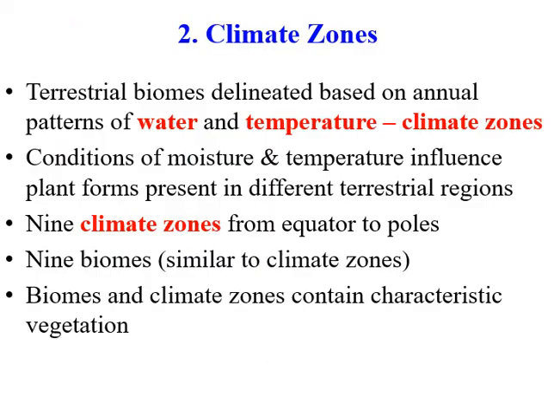So first of all, let's refresh our memory about climate and realize that around the world, on land anyway, there are different climate zones, especially that have to do with temperature and rainfall, and sunlight as well. Sunlight influences both of those things.